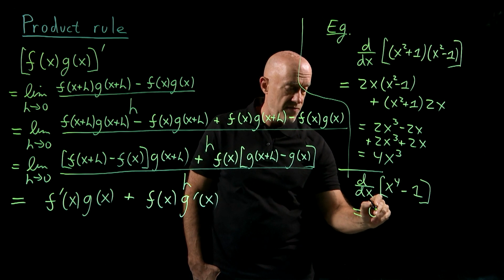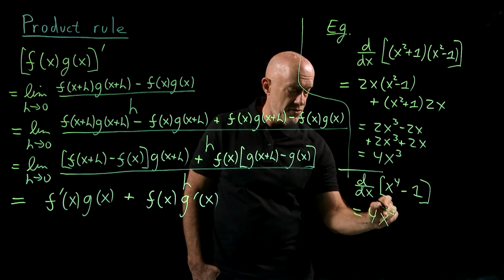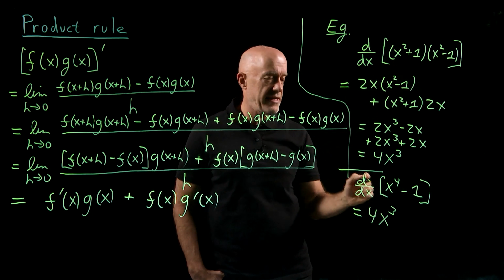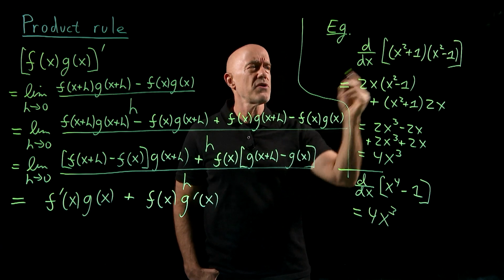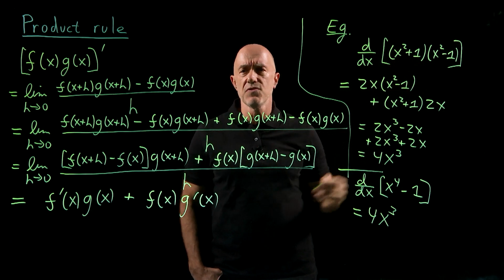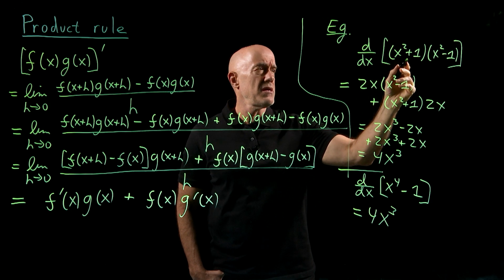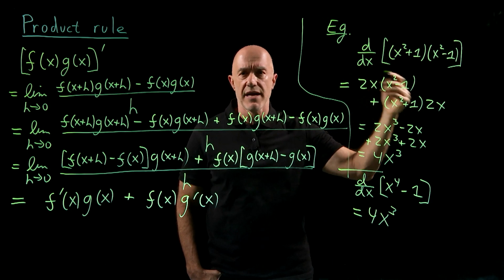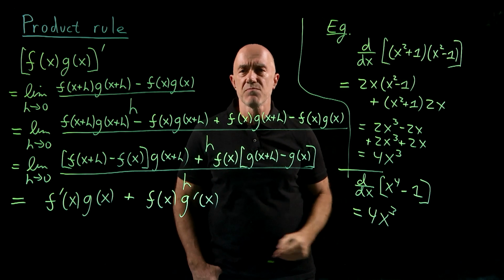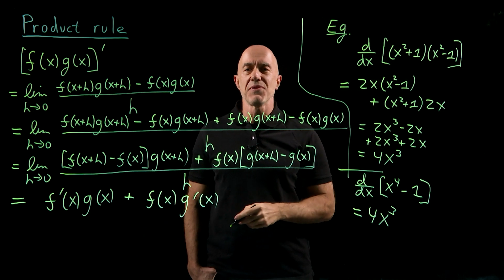So that equals 4 times x cubed. So actually, it's easier to do this example by multiplying it out. But we're going to have very complicated functions later that are the products of two functions. And they may be like exponential functions, sine, cosines, etc. And you cannot just multiply it out like a polynomial.